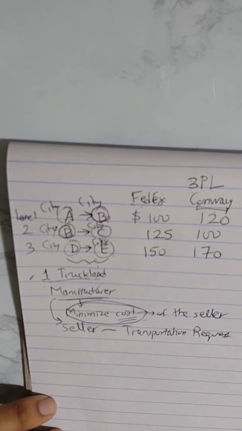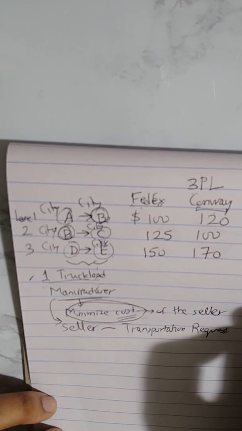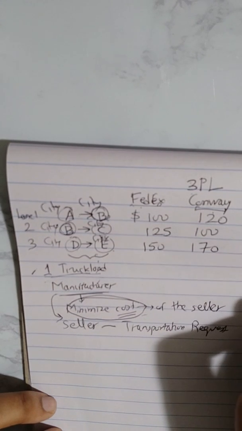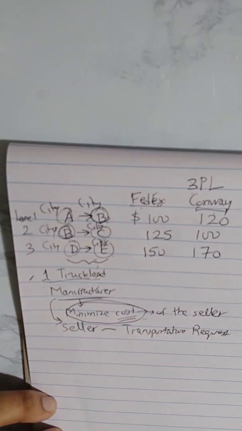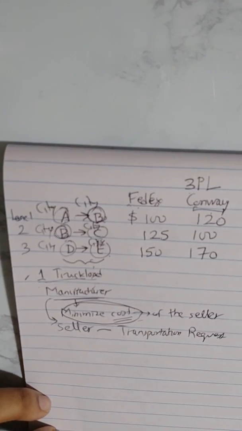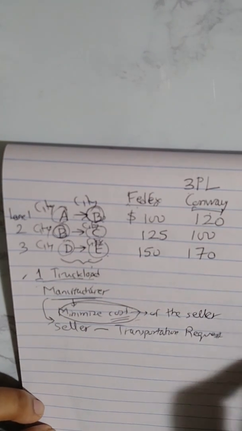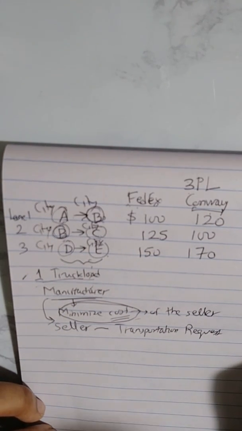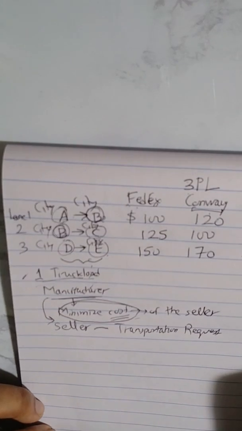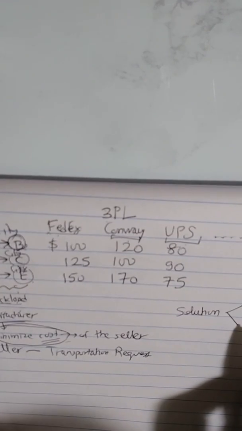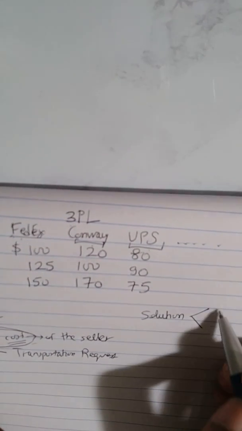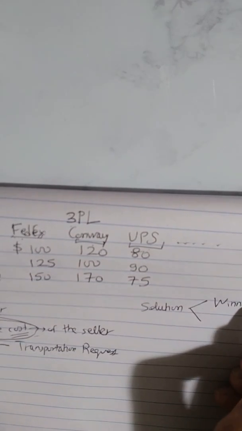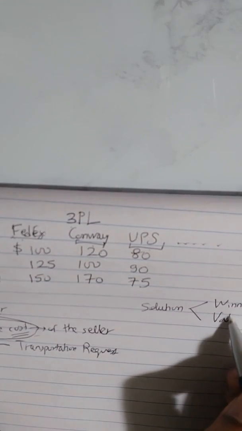And again, remember from the last video we discussed that the solution to the auction consists of two things, right? The first thing is the winner. The solution of the auction consists of the winner and the value of the auction.